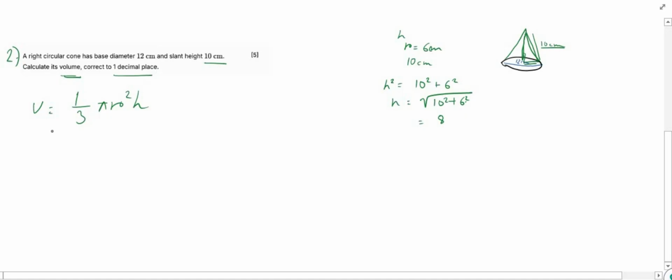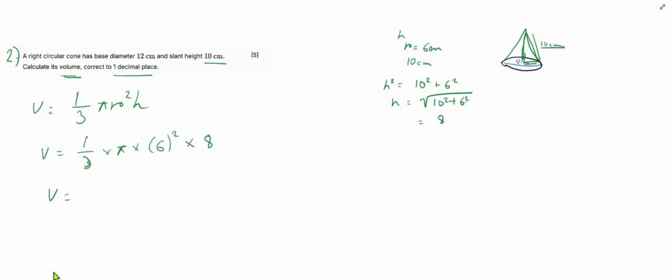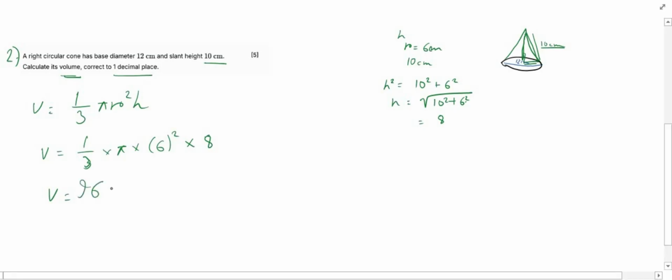If we put all the values here, it will be 1/3 into pi, r is 6 square, and the height is 8. So our answer will be V equals 96 pi, and to put it in one decimal place, V equals 301.6.